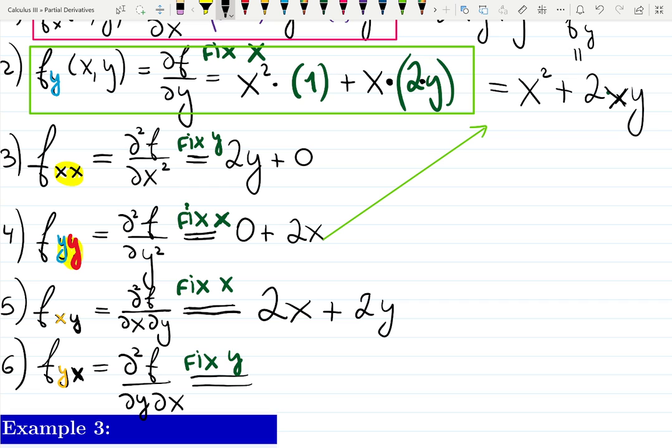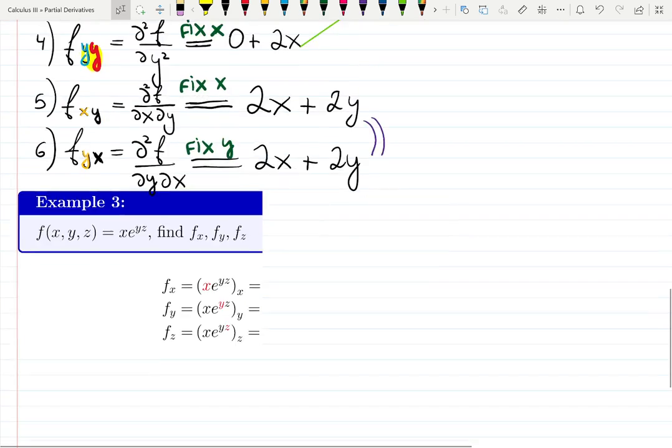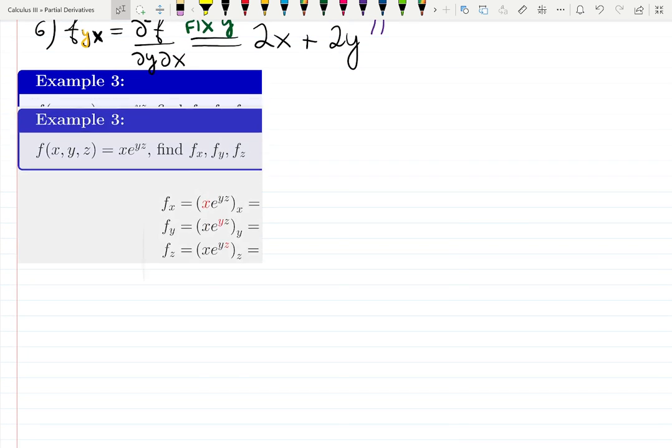So x squared gives me 2x because x is the variable. 2xy, in your mind, you keep reminding yourself, x is a variable, 2y is a constant. So the derivative is 2y. Do you agree? Yeah. They did match, which is a theorem. This is actually, so let me write down.